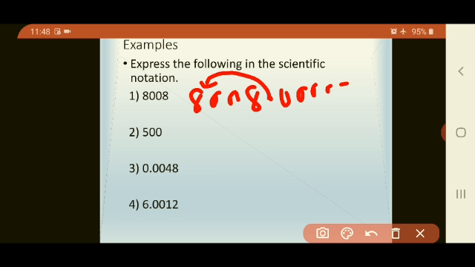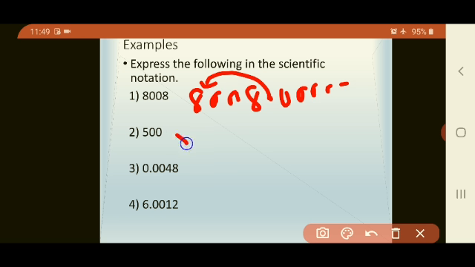Which side are we shifting? On the left hand side. So whenever we are shifting the decimal point on the left hand side, the exponent should be written as positive. How many places we are shifting, that is small n. Did you understand? Yes.